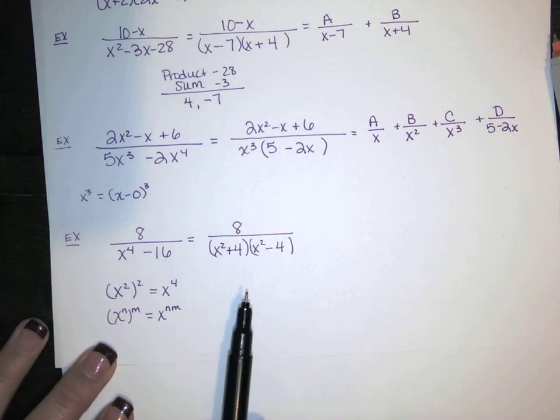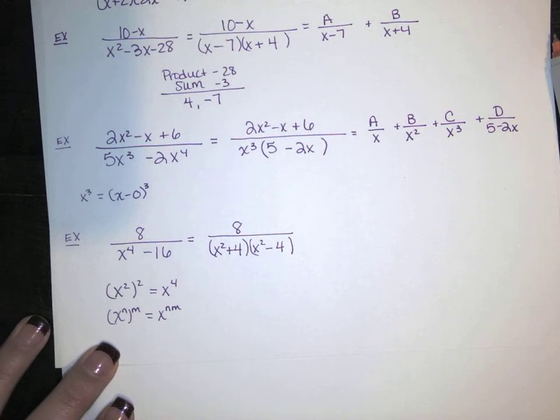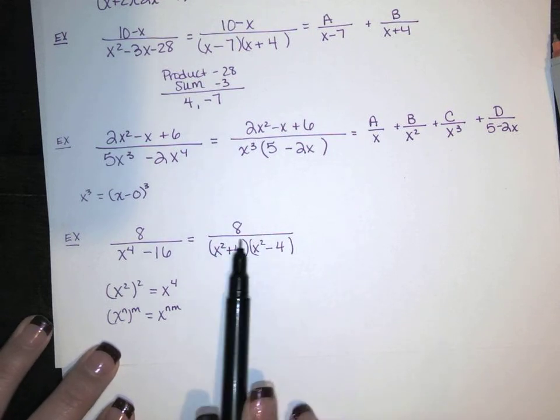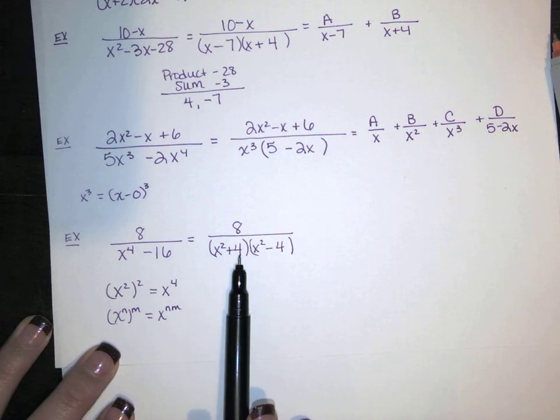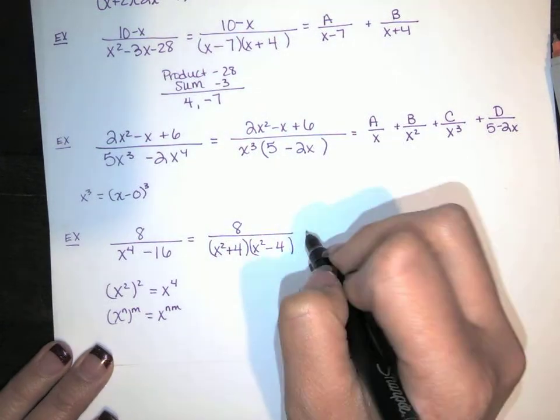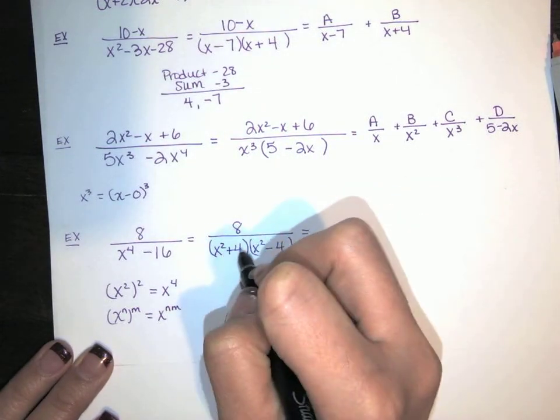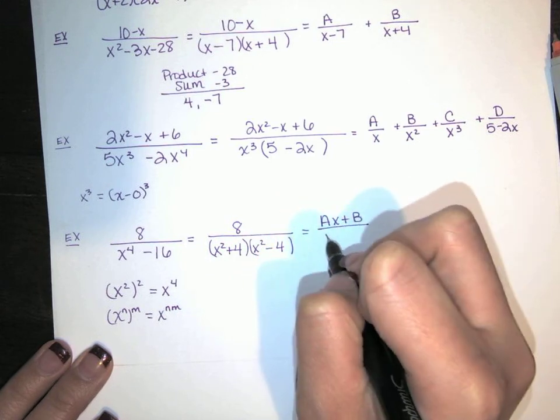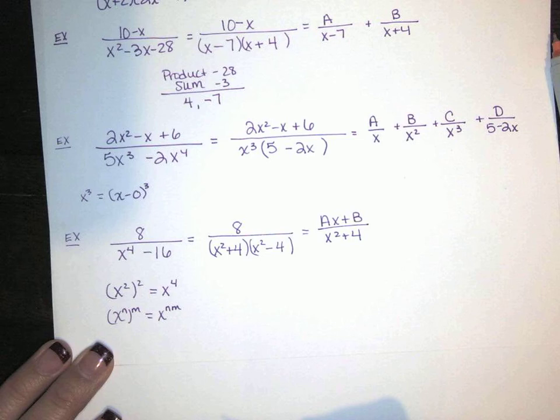A lot of students say, I've got 2 irreducible quadratics from here, but they're wrong. Do you see their mistake? This is an irreducible quadratic. That is a sum of 2 squares. So that I can write in my partial fraction decomposition this way. I have an irreducible quadratic, so I get a linear expression in the numerator and my irreducible quadratic down here.